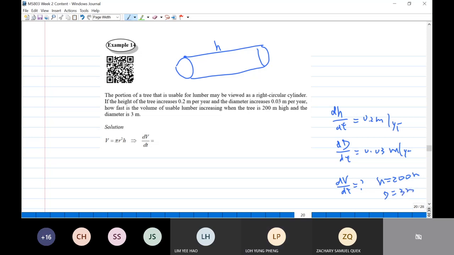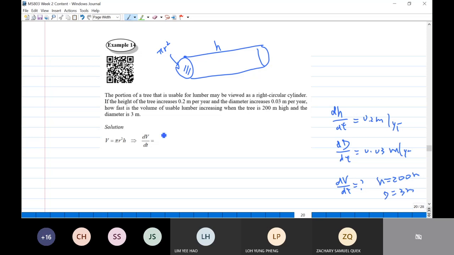You must know the volume of the tree trunk: pi r square is the base area, times the height. I want to find the differentiation.